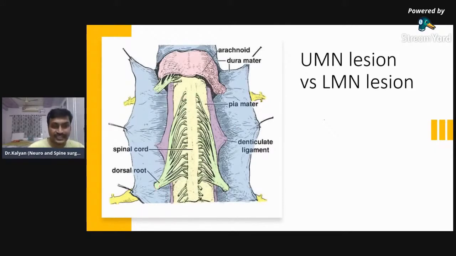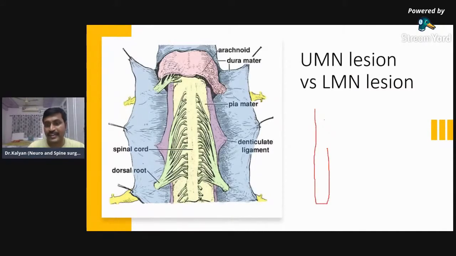All the roots join to form one spinal nerve. So this entire thing is one spinal segment. I will take some time over here and explain again.